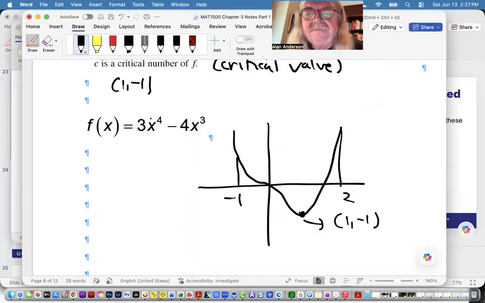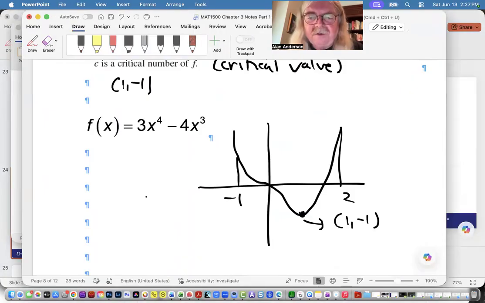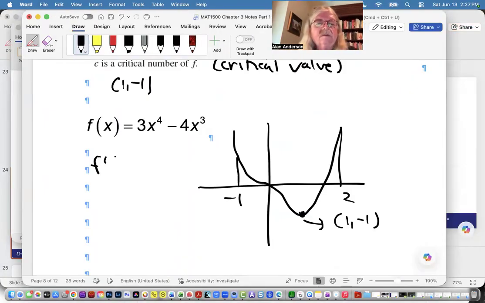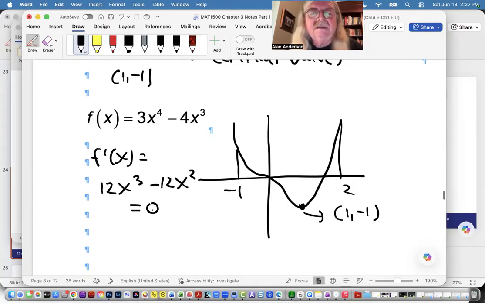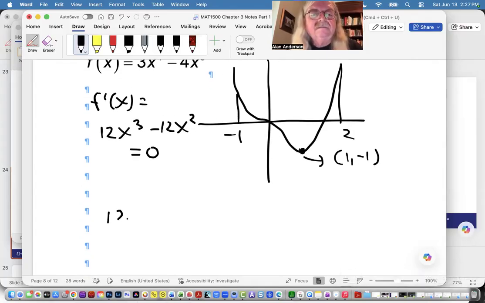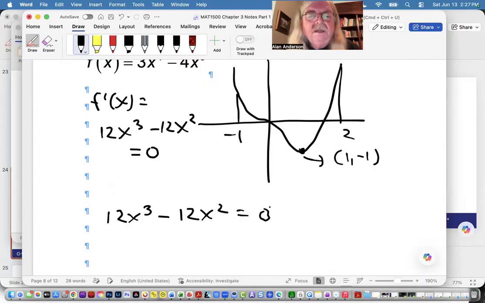First find the critical numbers. All right, great. So we take the first derivative using the power rule, and set that equal to 0. All right.